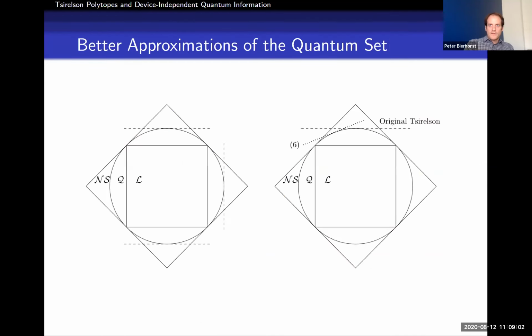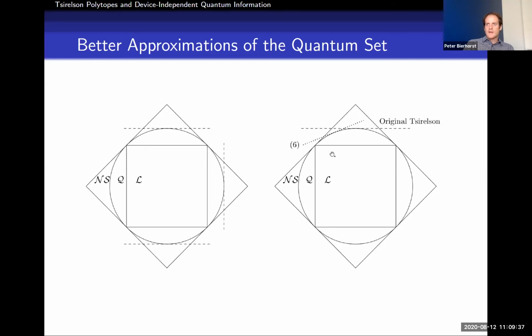And so this schematic drawing for better approximations of the quantum set says, if I project down and look at just a 2-dimensional slice of this 16-dimensional space, I get something that looks kind of like this, where I've got the quantum set, and then the Tsirelson inequality chops off half the space and says quantum things are only on this side of this dotted line. And then this one, denoted by a 6, is a tilted Tsirelson inequality. And we can say the quantum set's only on this side of this line.